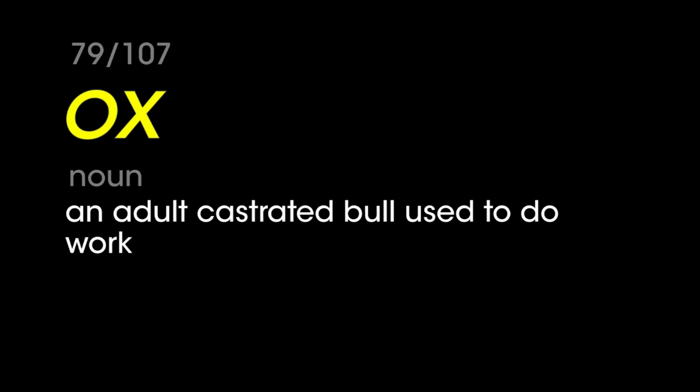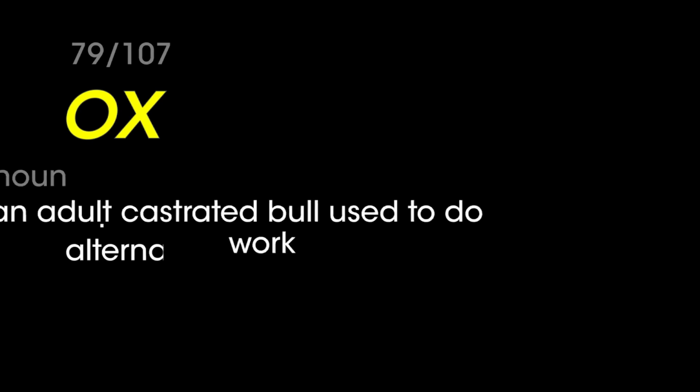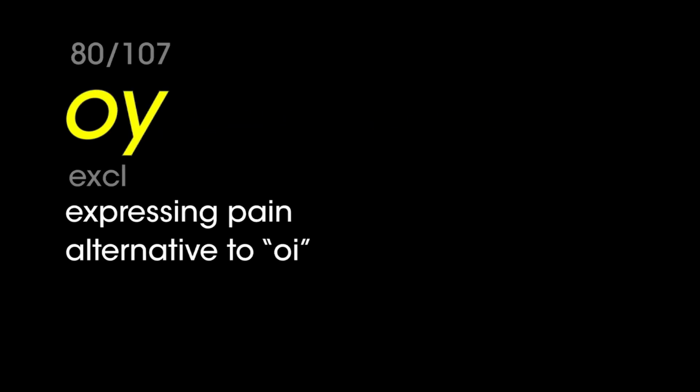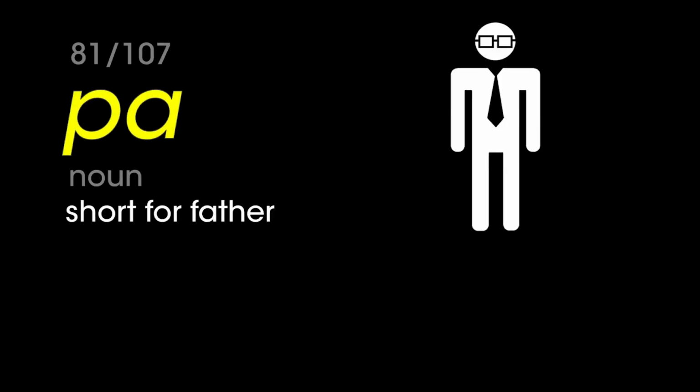An ox is specifically like a trained bull. I don't think oxen exist in the wild. Well, they do, but they don't become an ox until we make them do something. Oi, expressing pain. It's also an alternative to oi. Okay, there's two spellings of that. I don't know why. Okay, finally, P.